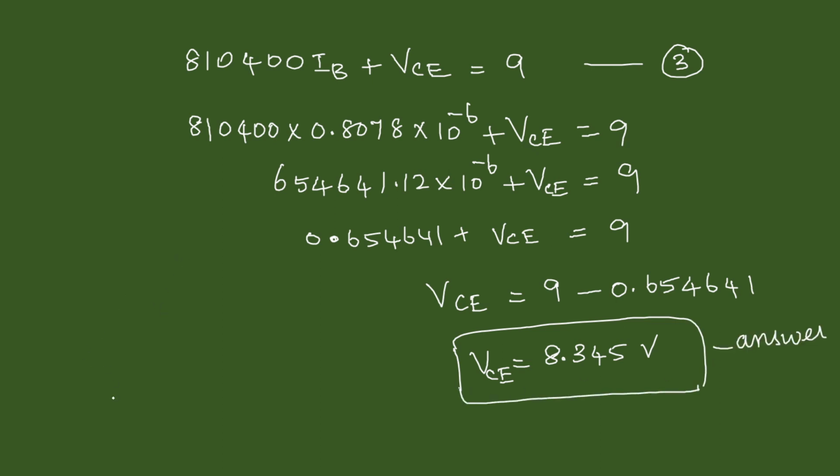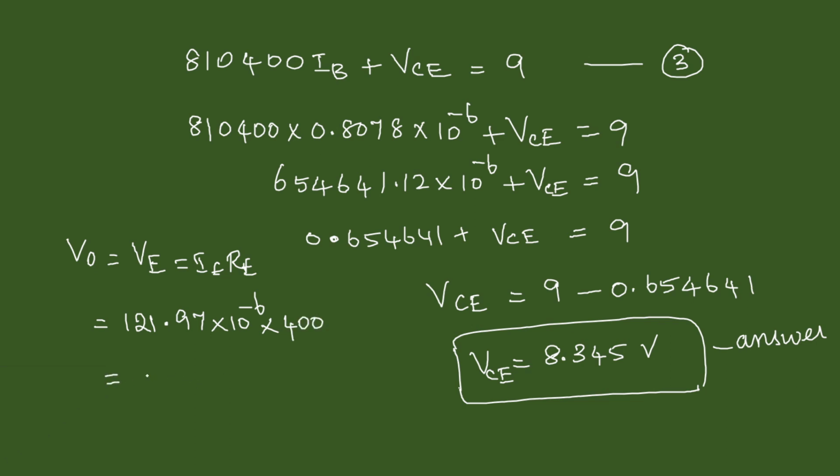So one more thing we need to find out, that is V naught. V naught is nothing but the voltage across the emitter resistance. So it is equal to IE times RE, right? So RE is 400. IE also we have found as 121.97 microamps, which is 10 power minus 6, into this 400.